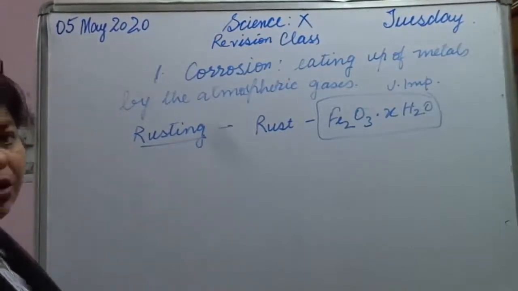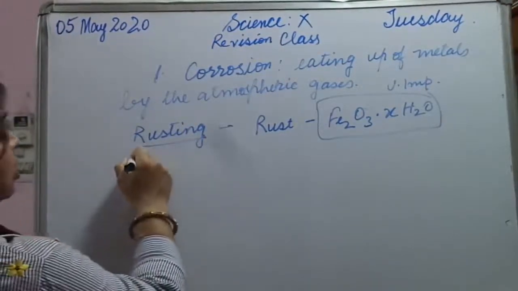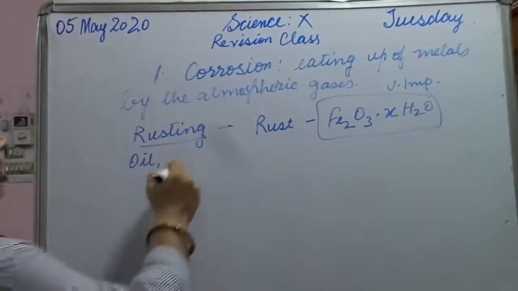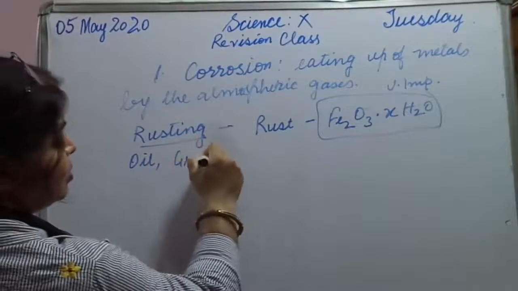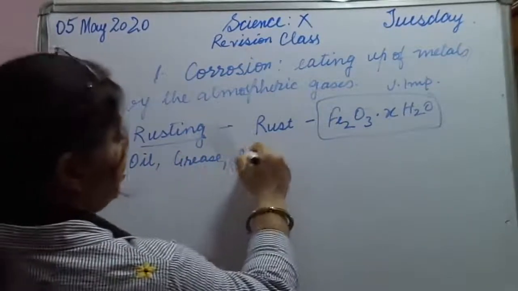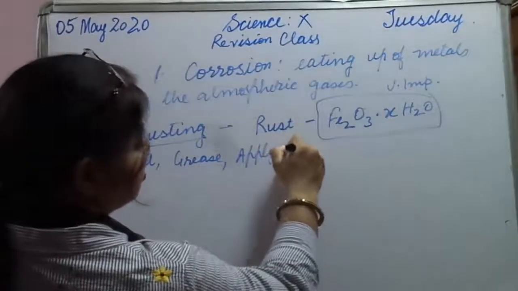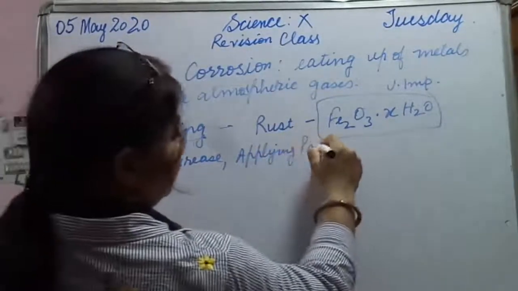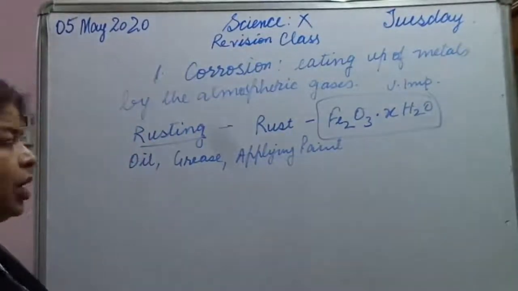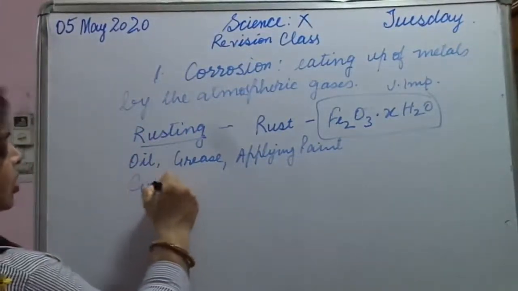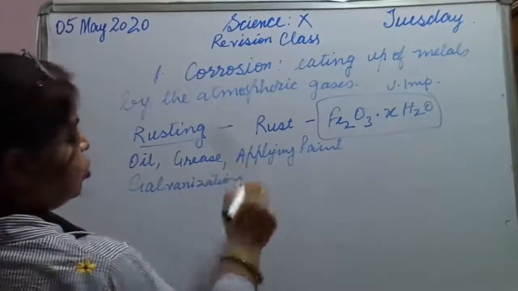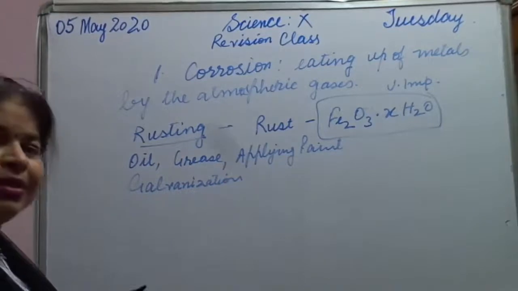Now, how to prevent rust? You know very well. You can oil the object. You can grease it. By applying paint on the surface of the iron object. Then galvanization. What is galvanization? It is electroplating of the iron object with zinc.